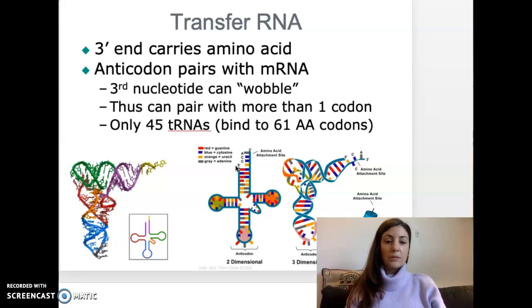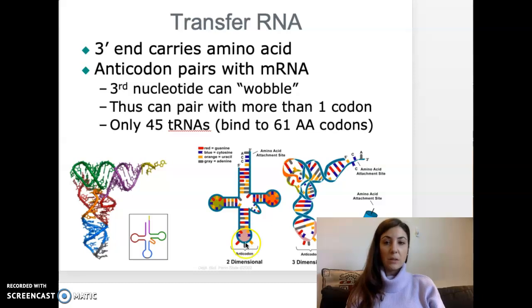The other really important thing we have to focus on when we think about this slide is that the last nucleotide, or the last base here on the tRNA, is flexible, meaning that as long as the first two are the same, the third one will be flexible to attaching an amino acid.